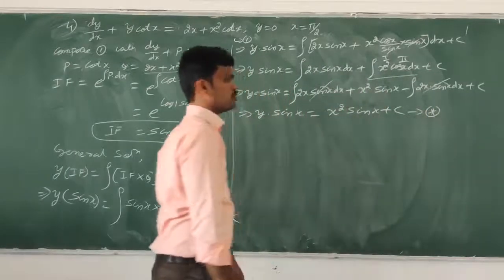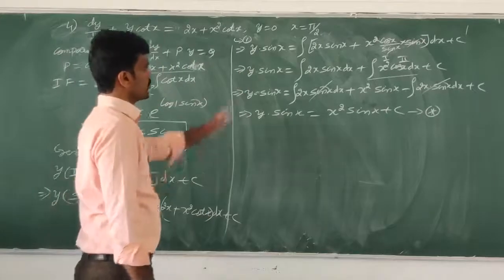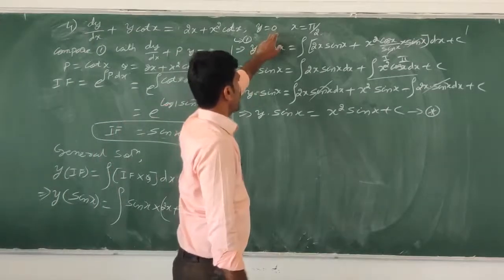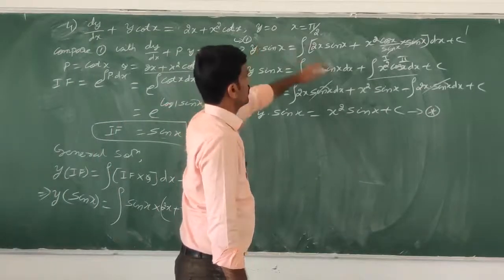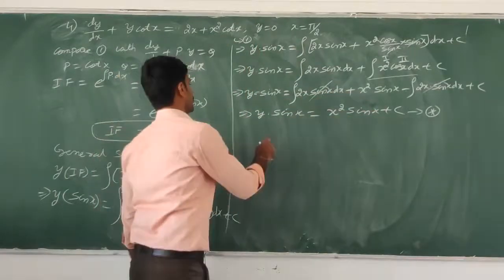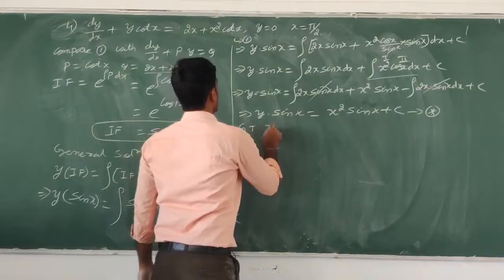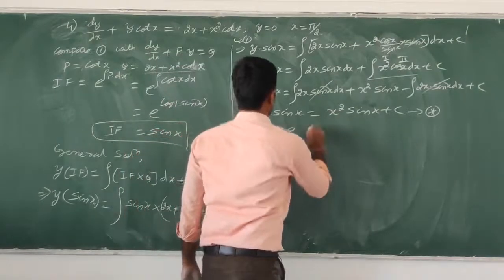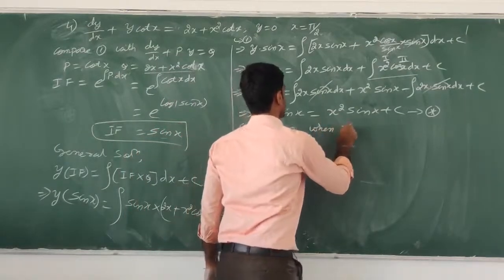Now by using the given initial condition, we have to find the value of that arbitrary constant. Given that y is equal to 0 when x is equal to pi by 2.